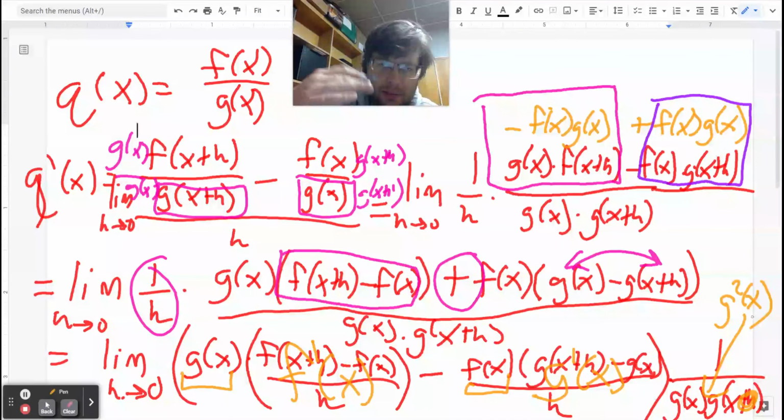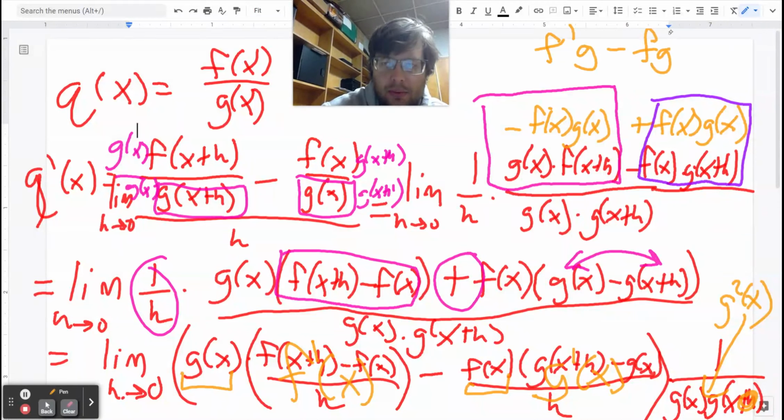If I had just a little bit more space on my screen, I would write that all out, but this becomes that formula that you've seen before, where you have f prime g minus f g prime, all divided by g squared. So there we go, we proved it.